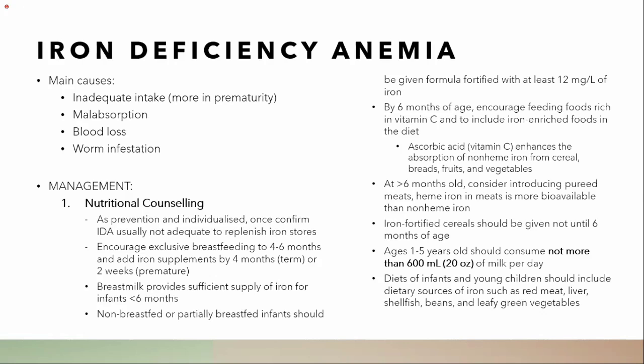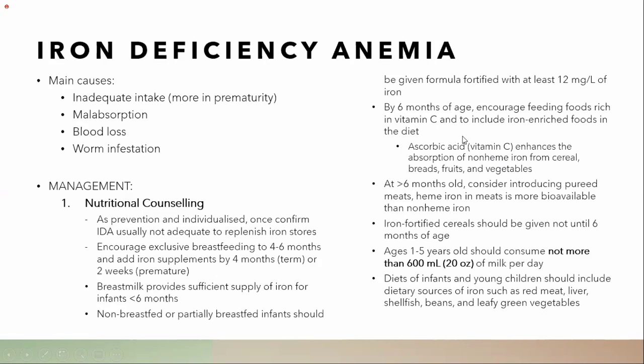Under nutritional, if the child is still breastfed, we encourage breastfeeding because breast milk is already sufficient to supply iron store. But if there is prematurity, we can add iron supplements at 2 weeks of age. For children having problems with breastfeeding or partially breastfed infants, we should give fortified iron formula.